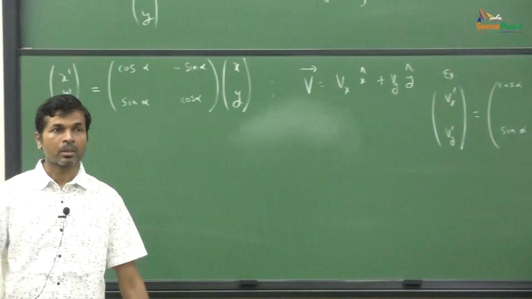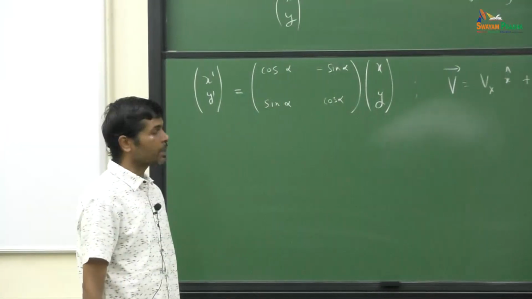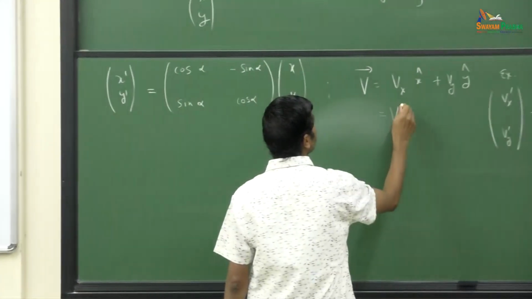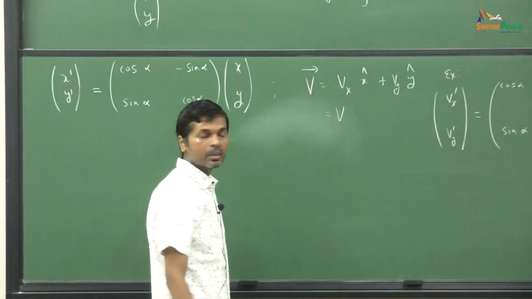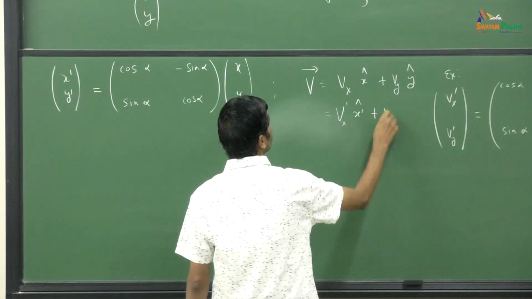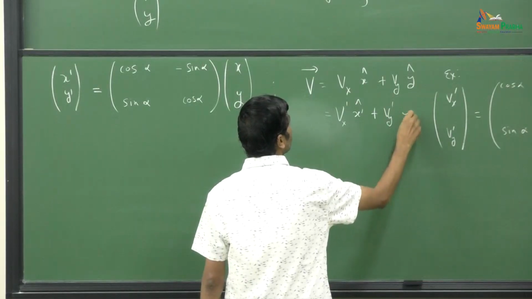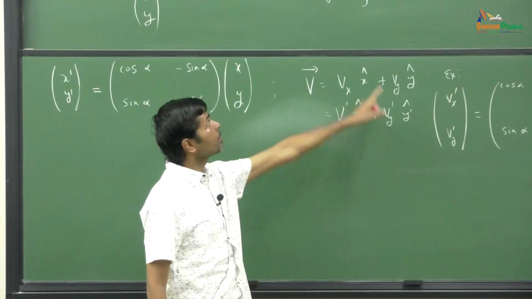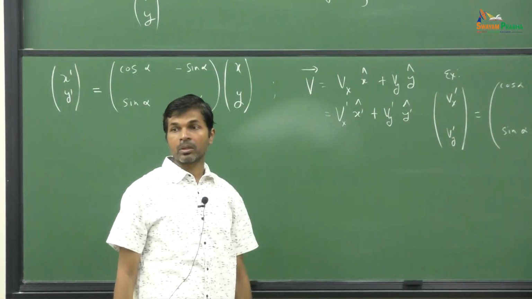You can obtain it any way, but a simple way is to consider this, and this is also because it's the same vector, this will be vx prime x prime cap plus vy prime y prime cap, where x prime cap and y prime cap are unit vectors along this direction.